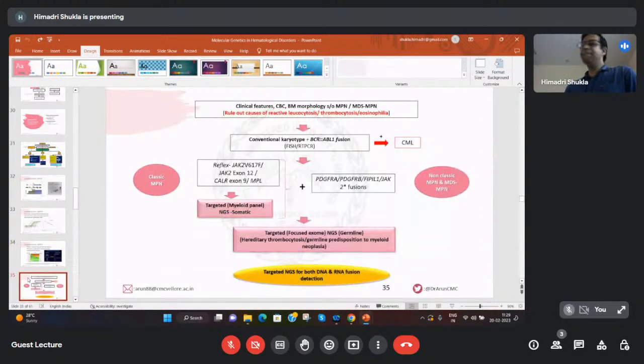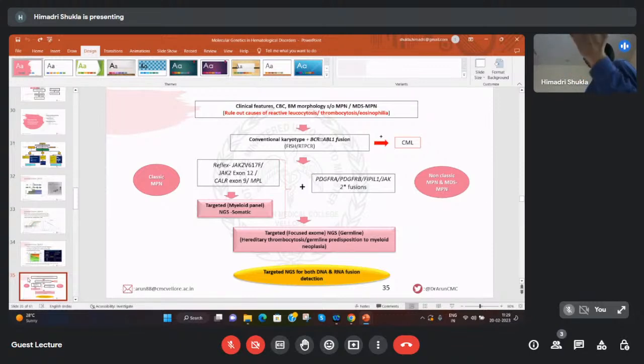If it's a case of MPN, myeloproliferative neoplasm, what are the mutations that cause MPN? Yeah, JAK2 is the commonest. So we start with looking for JAK2 mutation. If that is negative, then we look for MPL and CALR mutations. But you have to remember, MPL and CALR generally are seen only in ET and PMF, not in PV.